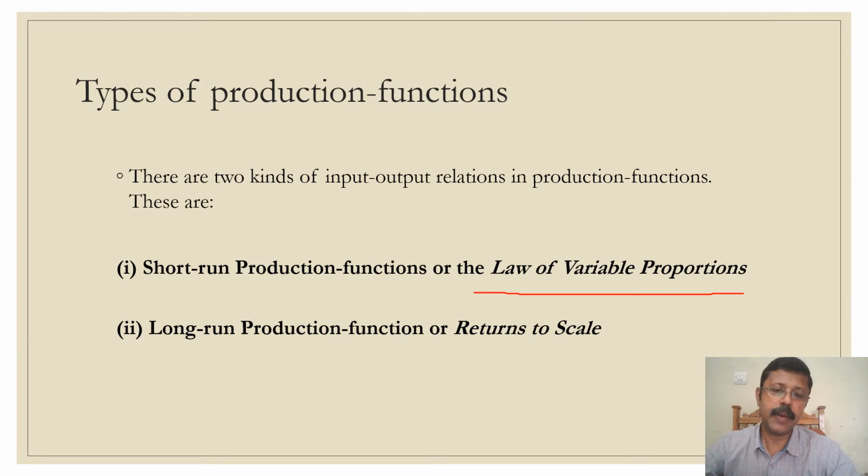So labor is variable, building is also variable, but equipments may take 6 months to arrive. Therefore, after 6 months they can add more equipment also. So 6 months will be the long run for this particular Serum Institute.